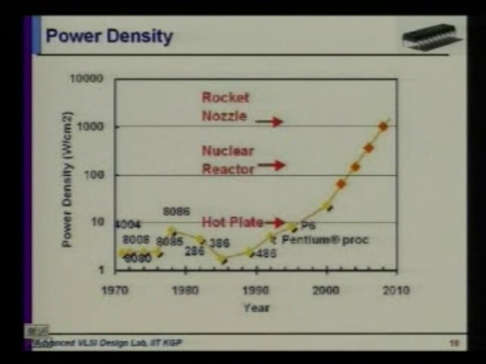So why do we have this kind of power requirement? If you look at the Pentium series processors, they are approaching the kind of power that a hot plate, the plate on which you do cooking, the cooking range, heats up to that kind of temperature. Why? That is because there is a huge number of transistors.